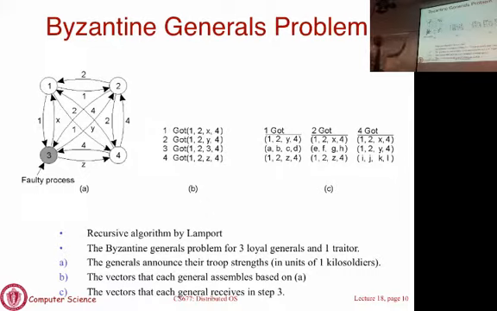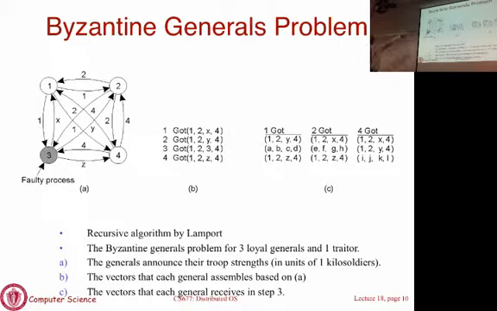The same protocol will work; you can plug in whatever value of m you want. If you want to deal with 2 traitors, then you will need 7 such processes. They will all do the same thing. The 2 traitors will send garbage, but the others will override. This is showing a scenario where m is set to 1, and that's why there are 4.